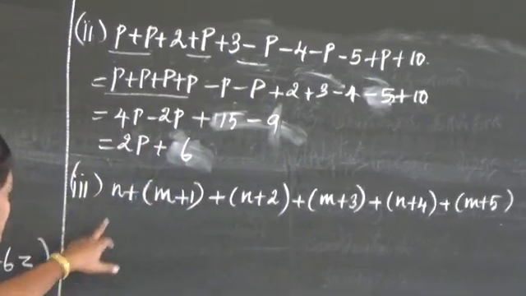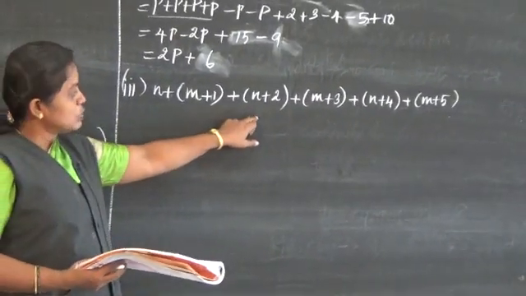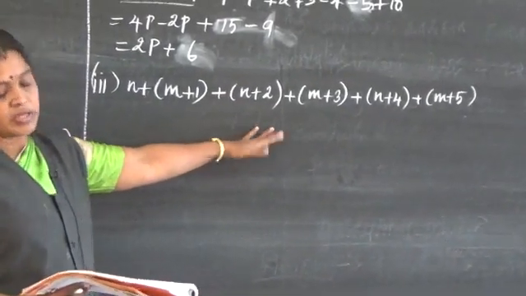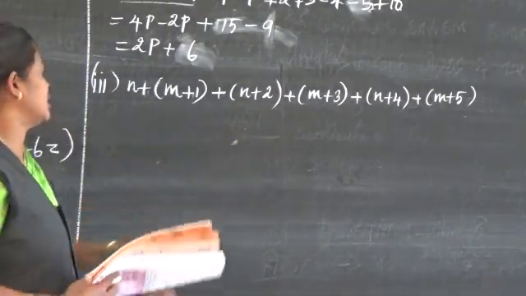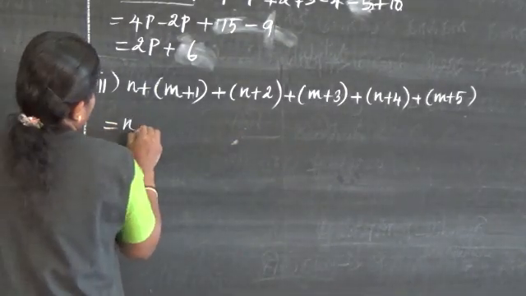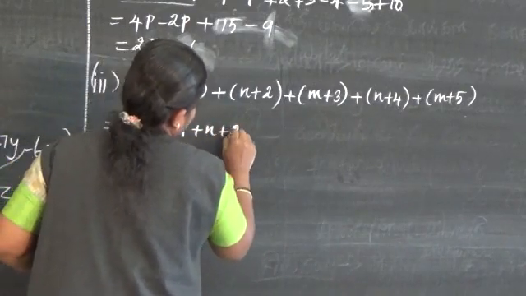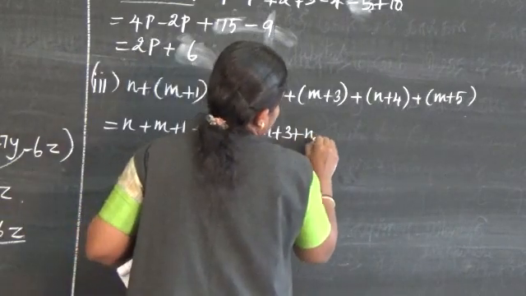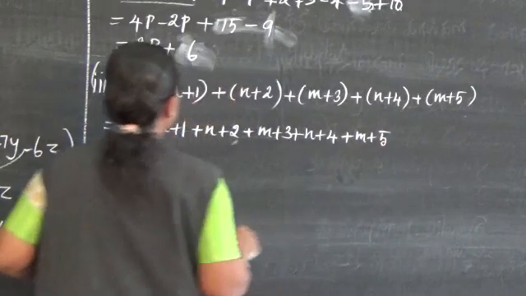Come to the third subdivision, n plus m plus 1, n plus 2 plus m plus 3 plus n plus 4 plus m plus 5. Here no problem for you, all the numbers are positive signs. Now group the m terms.